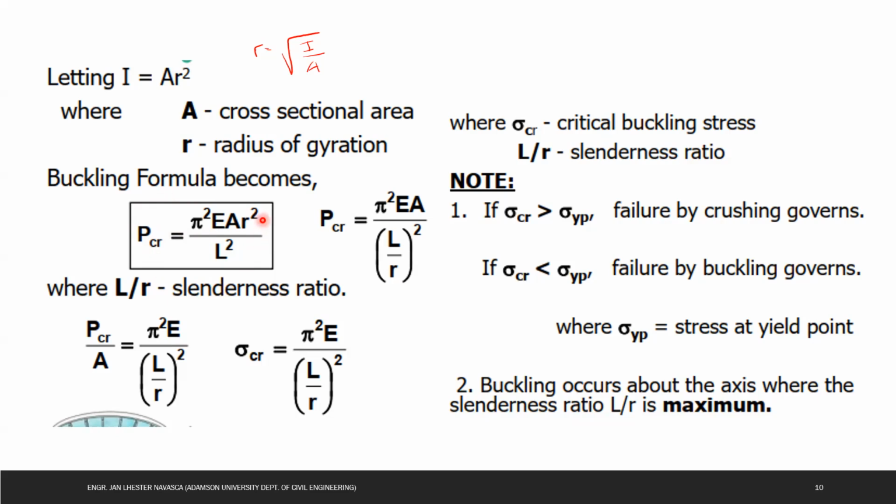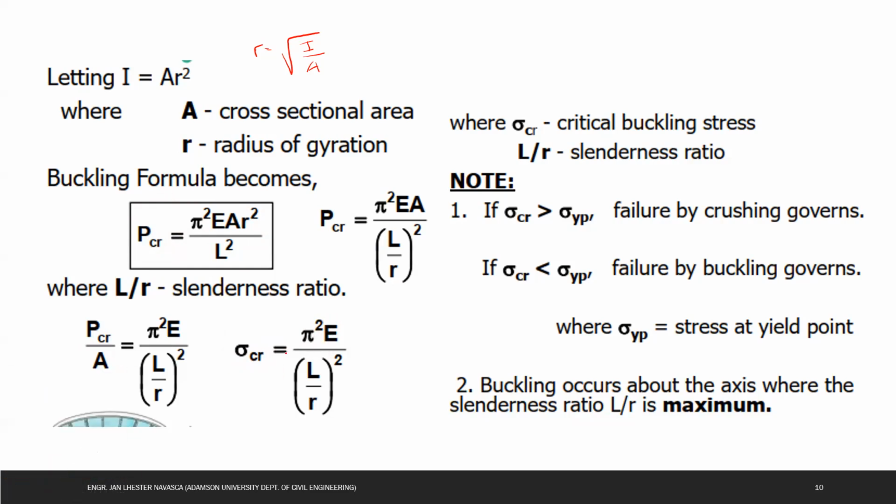Okay, so going back to our equations, force over area is equal to stress. So dividing this critical buckling load by the cross-sectional area of our column, we have the sigma CR, or we call it the critical buckling stress. The critical buckling stress is basically pi squared E over (L over r) squared.